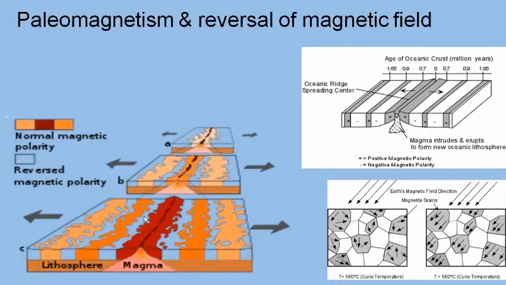Supposing this particular place occurred long back, maybe this is plus, the magnetic imprint has been done according to plus, then this is again minus. That means this has moved to this place, away from the ridge.